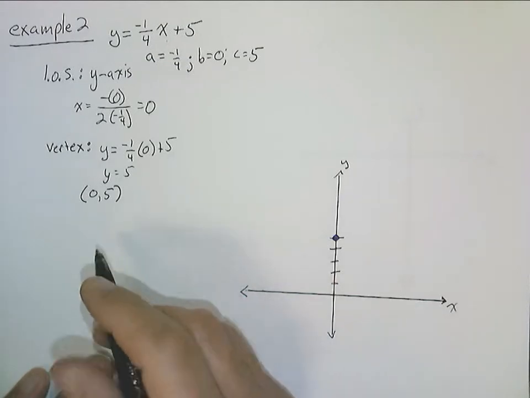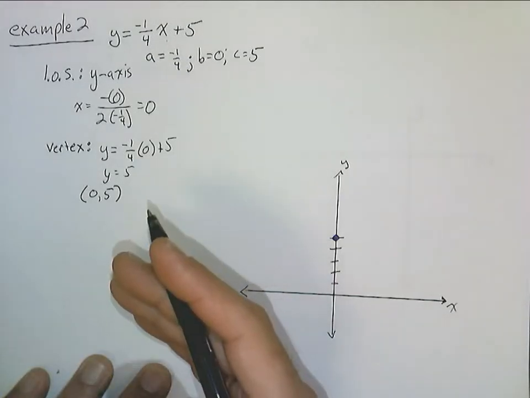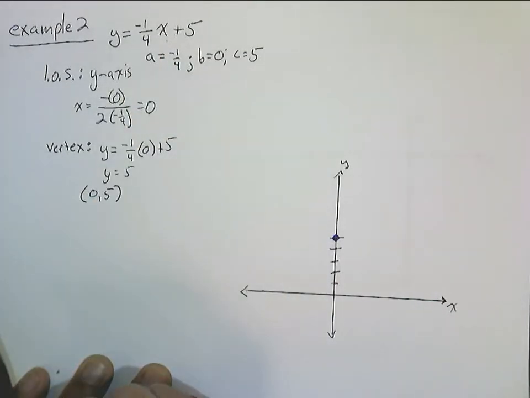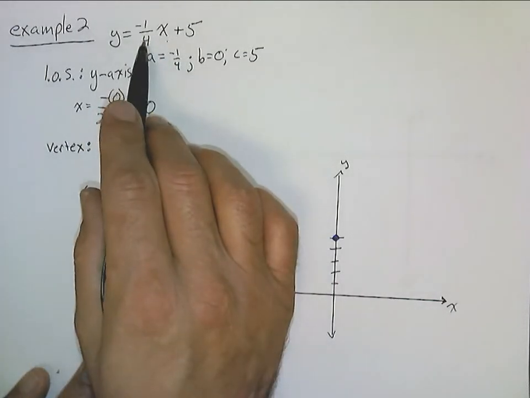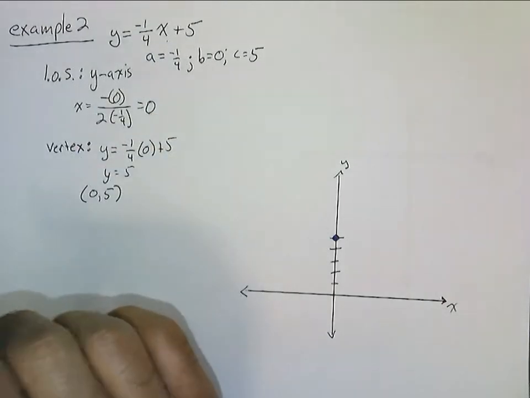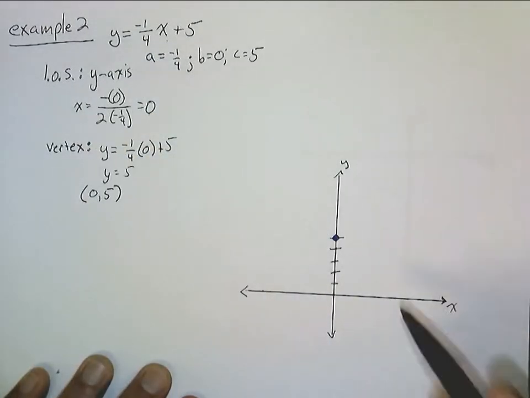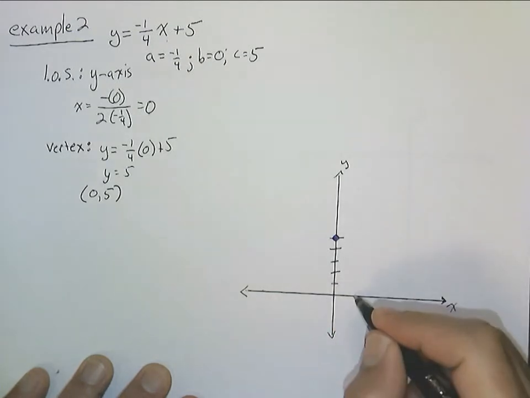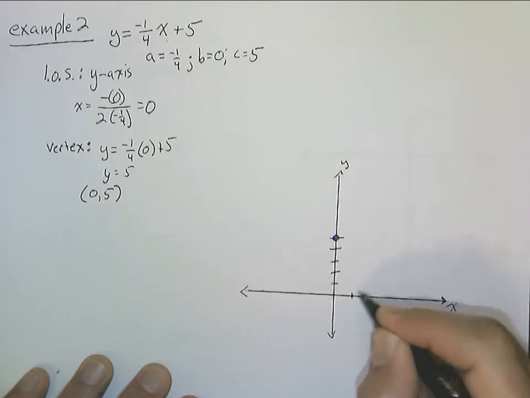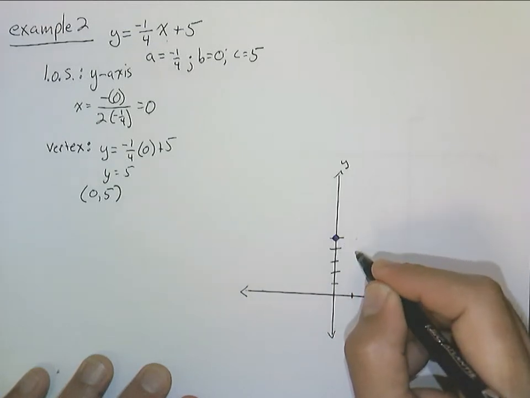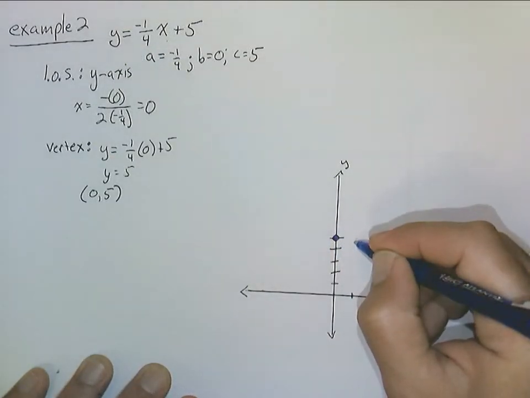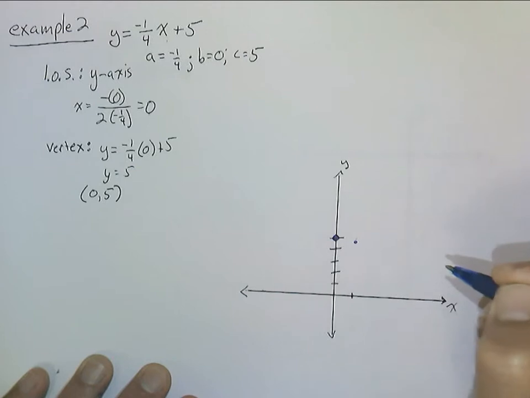Now what we need to do is either plot a few more points just by plugging in various values of x, or we can use the slope idea. Negative 1/4 is a. So we know the thing is opening down, so however far we move over, we're now going to be moving down instead of up. Normal parabola, if you move over 1, you would go down 1. Here we're going to only go down 1/4, or 1/4 times 1.